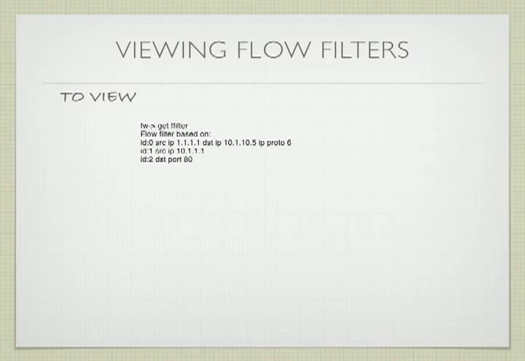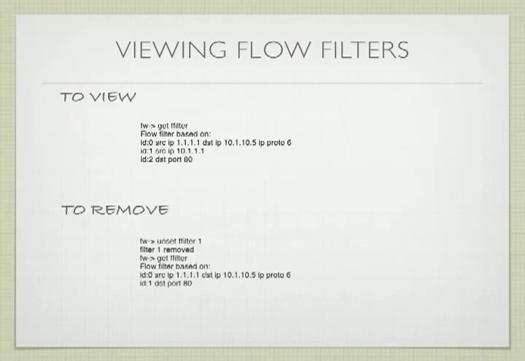If you want to see what filters are currently active and created, we would use the get ff command to show the currently configured ones. So there are our 3 filters that we had created in the previous slide, IDs 0, 1, and 2. In order to remove a filter, because you need to either narrow this some more or otherwise control it, you would unset ff and then the filter number.